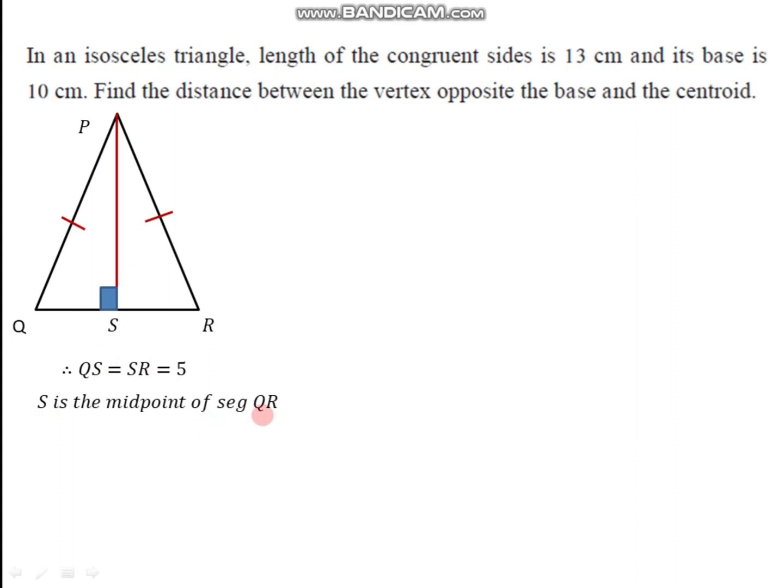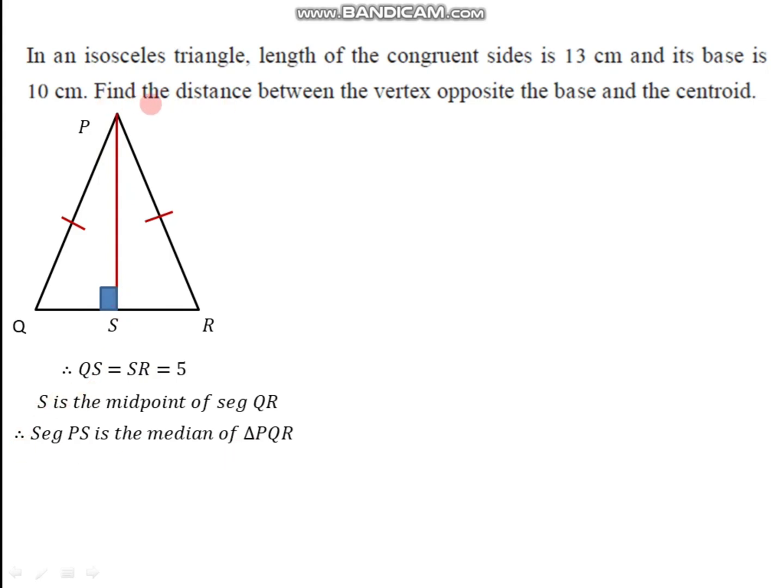S is the midpoint of segment QR, as we have just proved that QS is congruent to SR. So S must be the midpoint of segment QR, and if S is the midpoint of segment QR, segment PS must be the median, because we know that a segment joining a vertex of a triangle and the midpoint of its opposite side is called a median. So in this case, segment PS is the median.